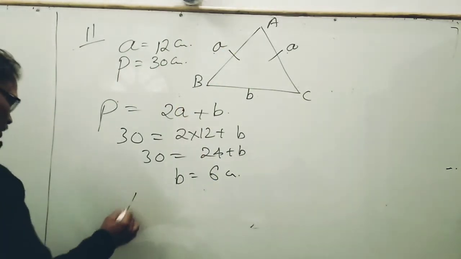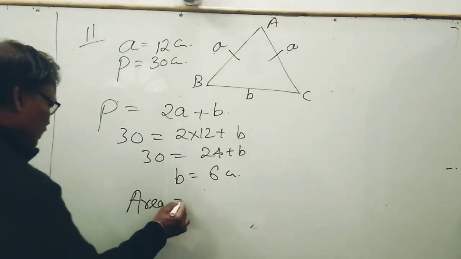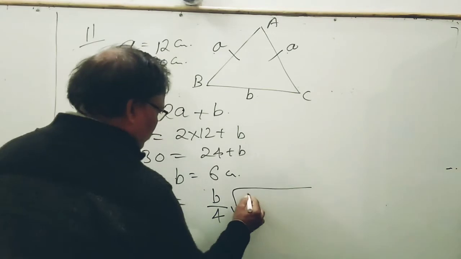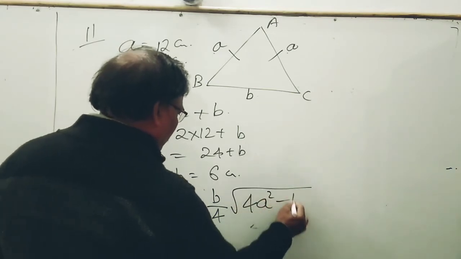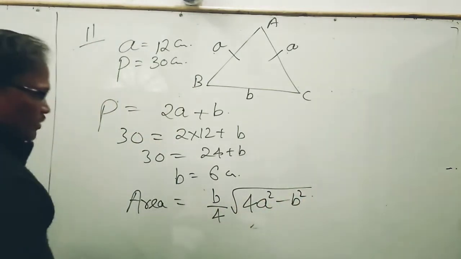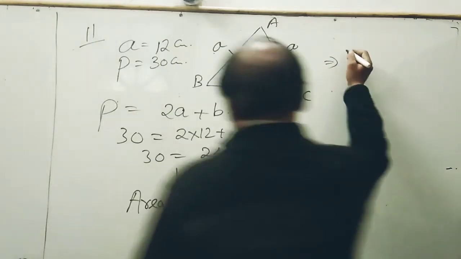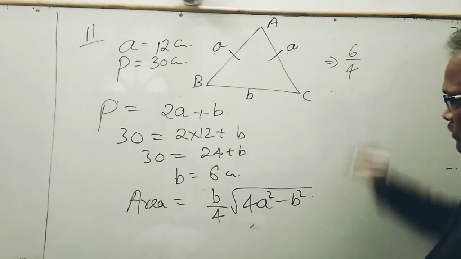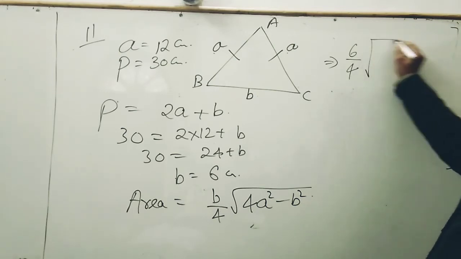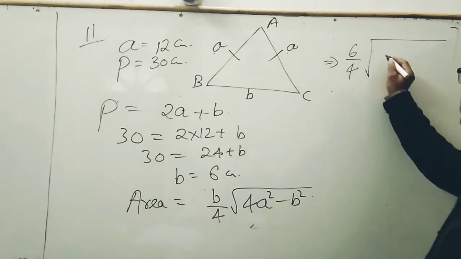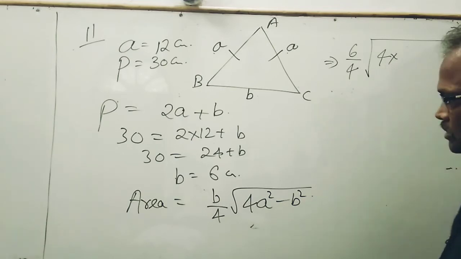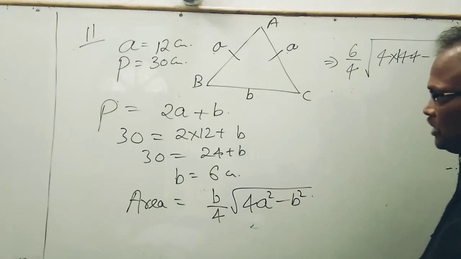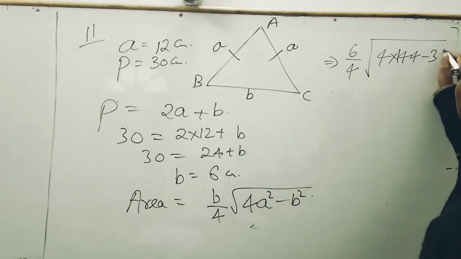After getting b, you find the area. So area of an isosceles triangle is b by 4 under root 4a square minus b square. So this will be 6 by 4 under root 4a square, where a is 12, so 144 minus b square, which means 6 square is 36.